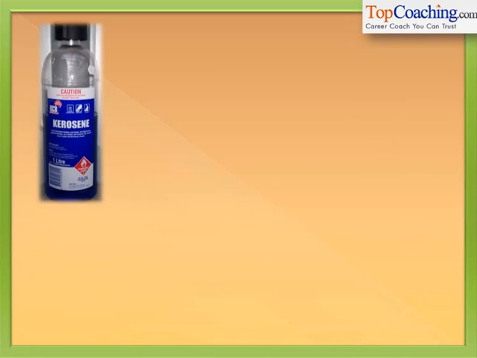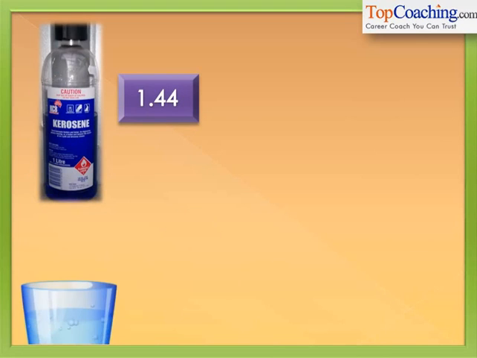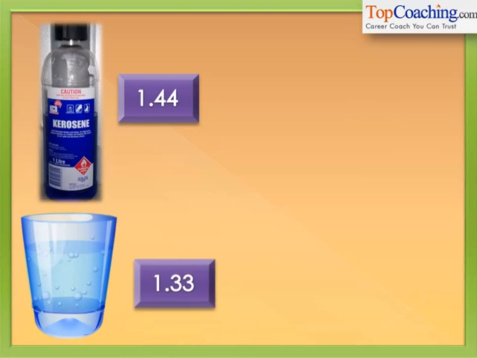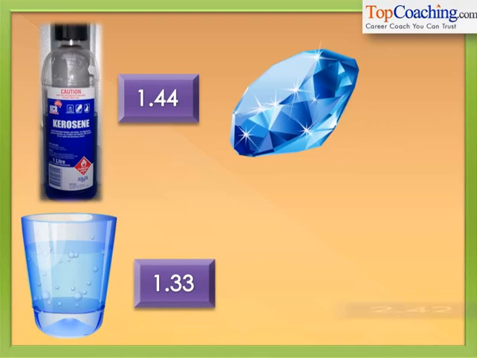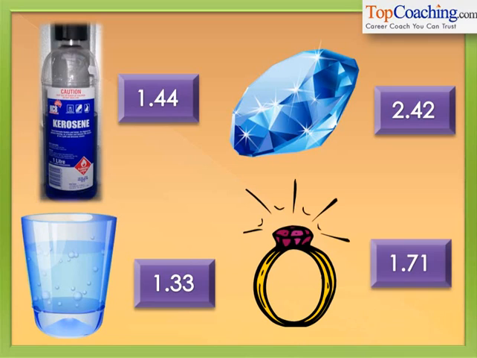Here are the refractive indices of some common substances. Kerosene has a refractive index of 1.44. Water has a refractive index 1.33. Diamond has a refractive index of 2.42, while rubies, which are used in making jewels, have a refractive index of 1.71. Understood?